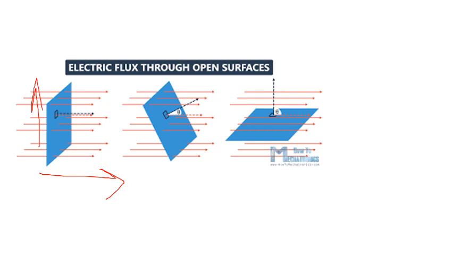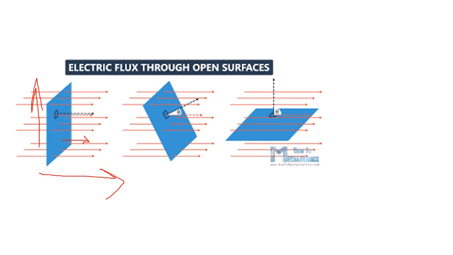If the surface is in the y direction, then the perpendicular to this is considered as the normal, and the normal gives you the area vector. So the area vector and the electric field line are both in the same direction, and the answer will be maximum flux.